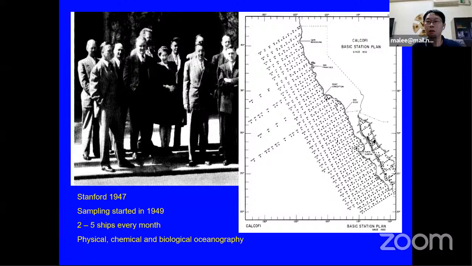Actually, we can call it the California Cooperative Oceanic Fisheries Investigations. In the right figure, we can see when they started this project, maybe in 1949, it was a big job they did, and it is joint research by the California state government and NOAA.